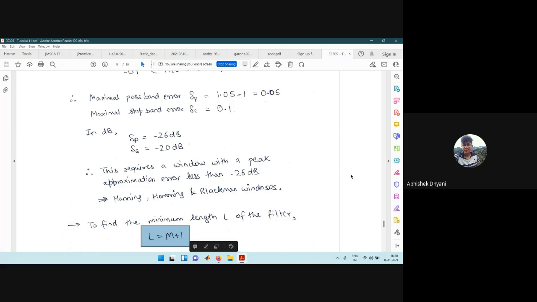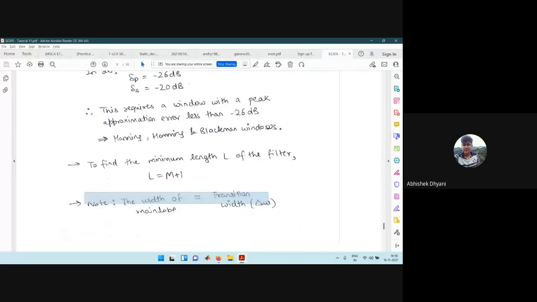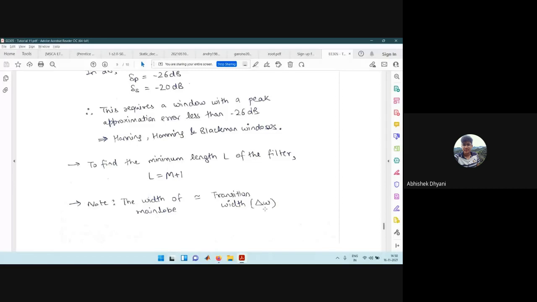What we have to note here in order to find out the length is that the width of the main lobe is almost the same as the transition width of the discrete time filter. The width of the main lobe is one of the characteristics of the window, and that is almost equal to the transition width, which is omega s minus omega p, the stop band frequency minus the pass band frequency.